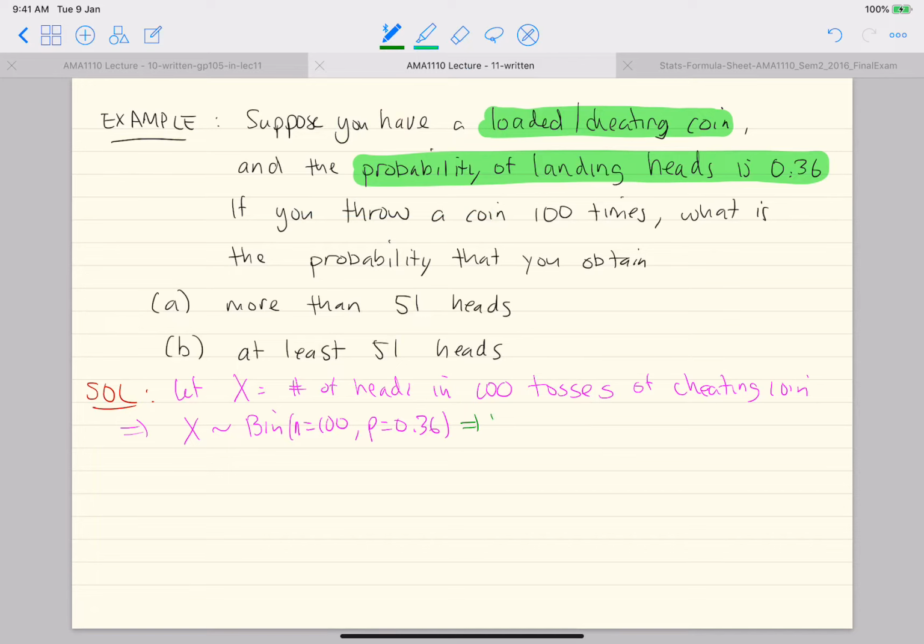And therefore, the probability that you get k heads in 100 tosses is 100 choose k, 0.36 to the power of k, and 1 minus 0.36, which is 0.64, to the power of 100 minus k.